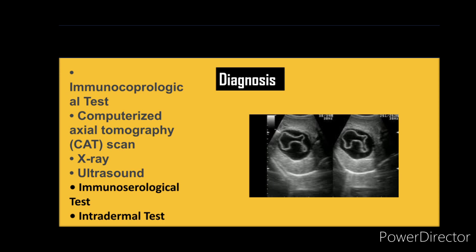Cysts may be visualized by various medical imaging techniques: computerized axial tomography or CAT scans, X-rays, and ultrasounds. Several immunoserological tests have been developed to detect host antibodies against crude and purified parasite antigens, and an intradermal test using hydatid fluid has been used in surveys.